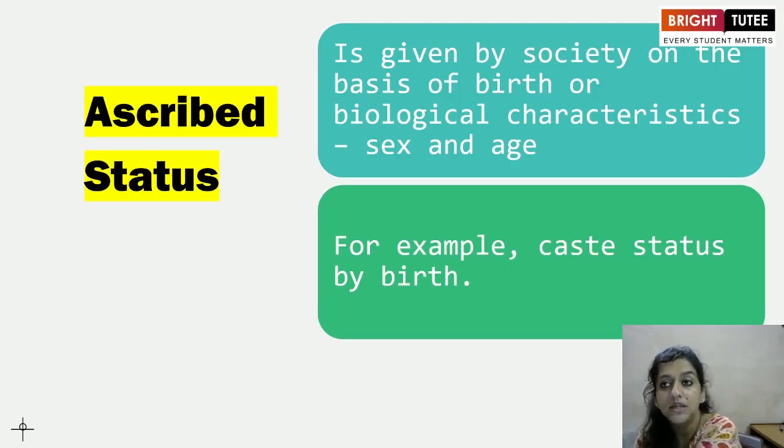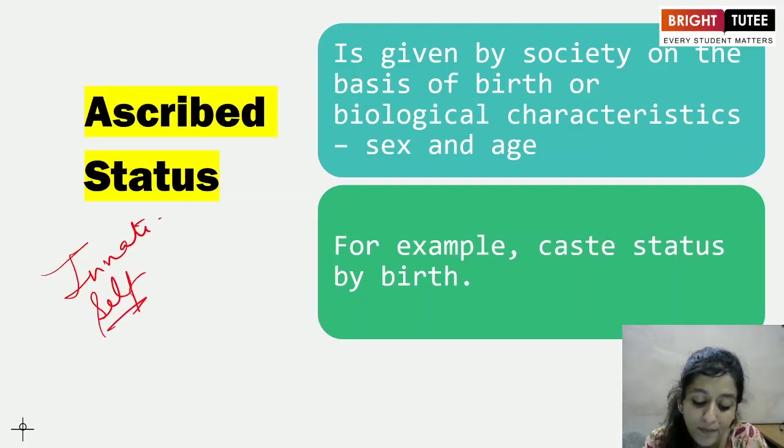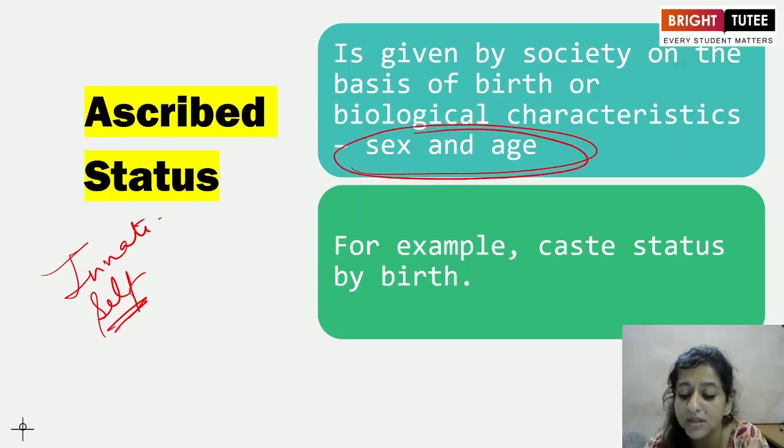There are certain things which you cannot change. When you come to this planet Earth, it comes with you and you cannot change that. Something very important: age and your sex.